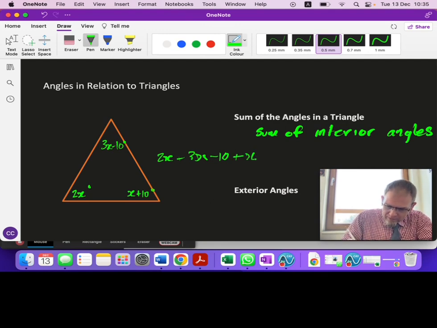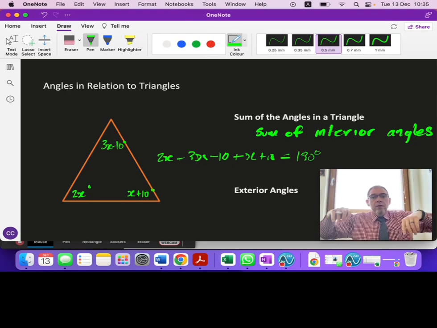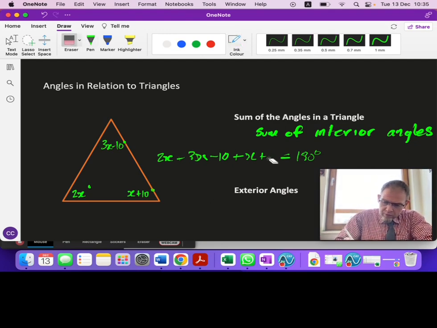Plus x plus 10 all has to equal 180 degrees. Okay, so we're going to do what we've been doing since our first unit. We are going to combine like terms.